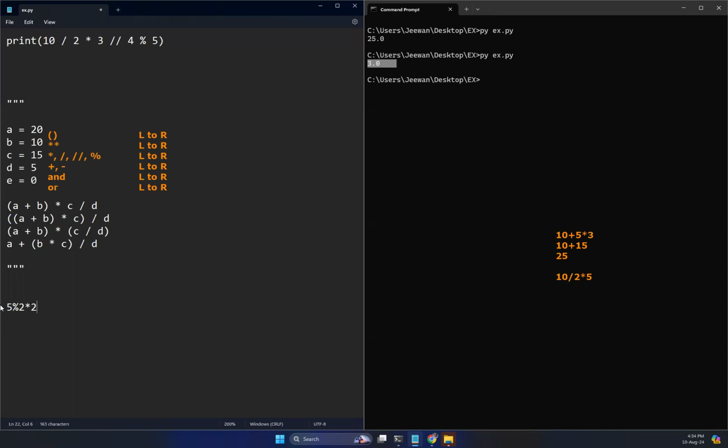What is the answer to this one? 5 modulus 2? 2.